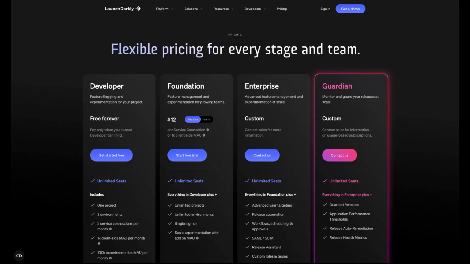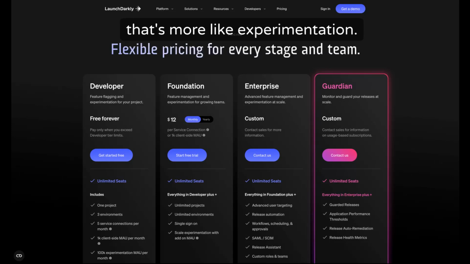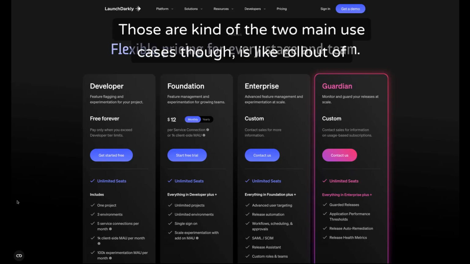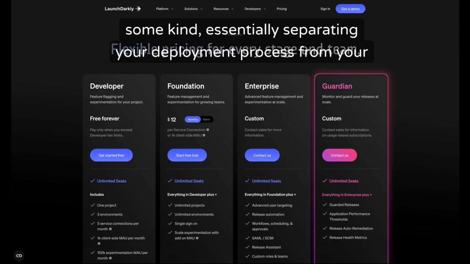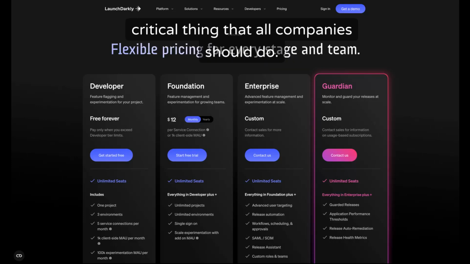There is a large amount of surface area with LaunchDarkly that's more like experimentation. I have less experience with that, and I think a lot of companies have less experience with that. Those are the two main use cases, though: rollout of some kind, essentially separating your deployment process from your marketing or feature release process, which is a super critical thing that all companies should do.